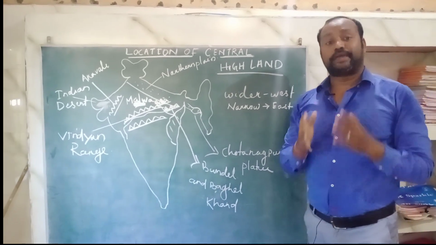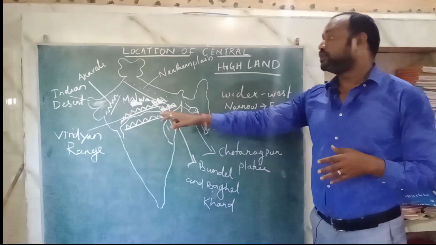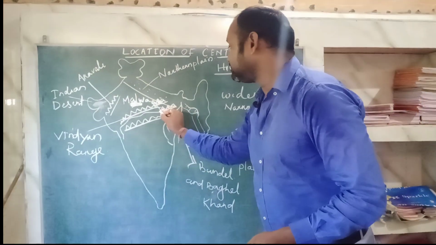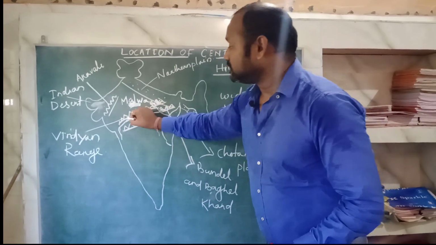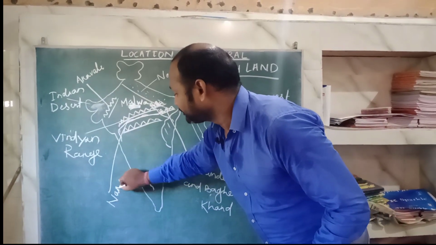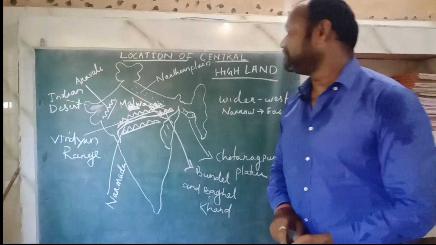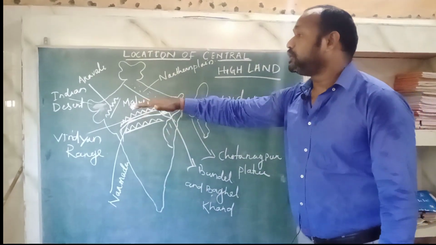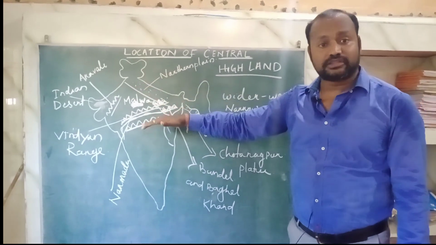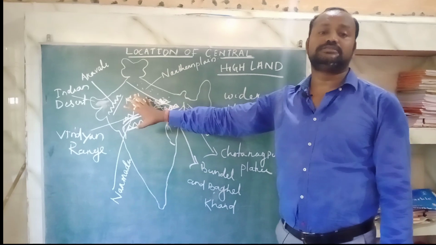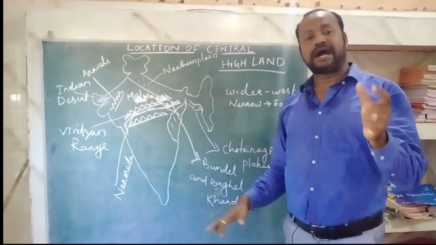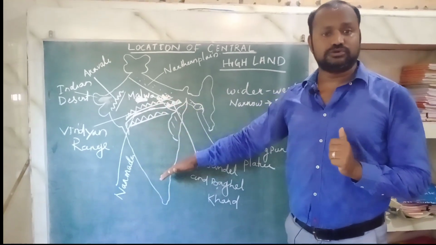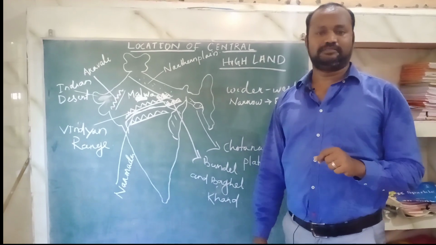The part of Peninsula Plateau which lies north of Narmada river, you can see this is Narmada river, is known as Central Highland, and the part of Peninsula Plateau which lies south of Narmada river is known as Deccan Plateau.